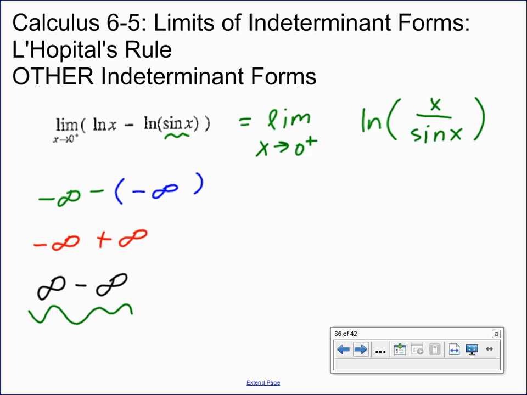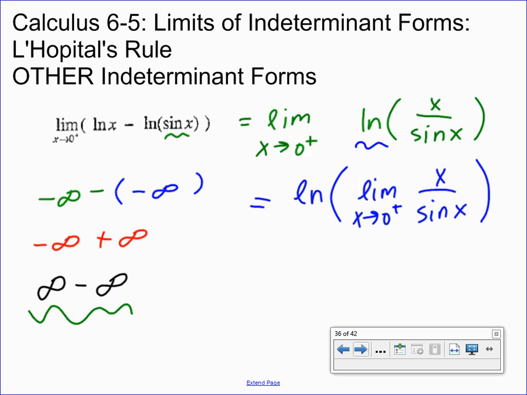This will allow me to consider the limit of this composition of functions as the function of the limit of the inner function. We're going to interchange the limit in this natural log. We'll rewrite this as natural log of the limit as x approaches 0 from the right of x over sine of x, using the function interchange theorem, which is super powerful.